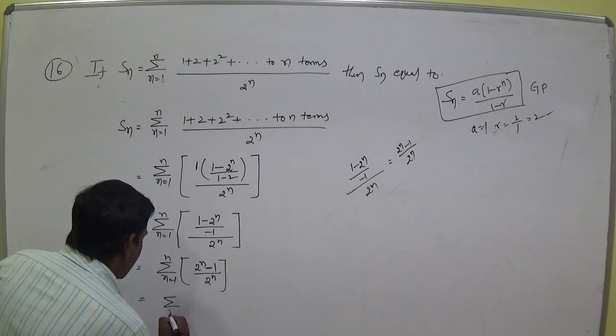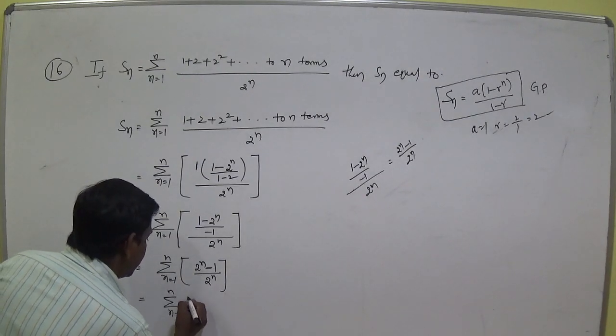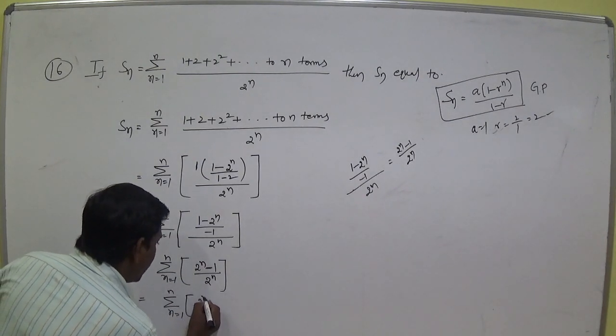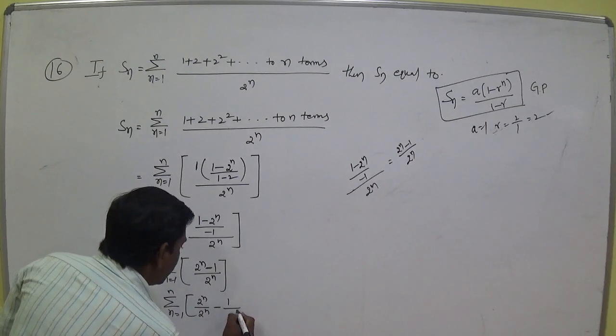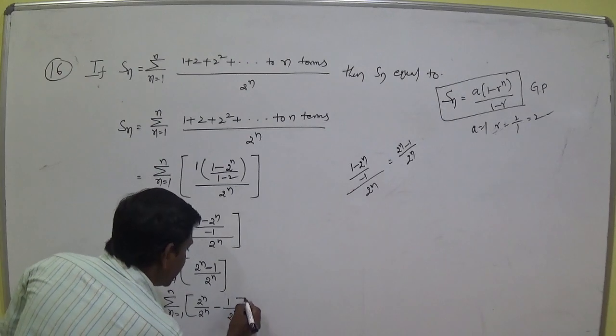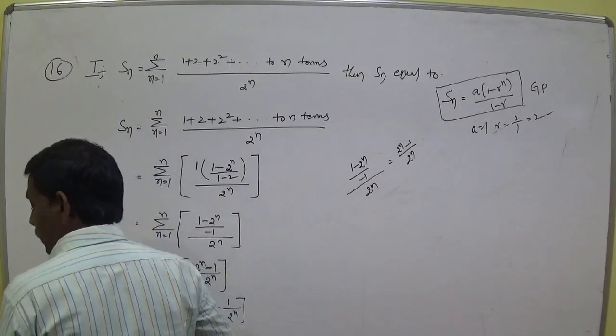Next, sigma n equal to 1 to n, 2 power n minus 1 by 2 power n. Do the individual division. So this 2 power n divides 2 power n and 1 equally: 2 power n by 2 power n minus 1 by 2 power n.